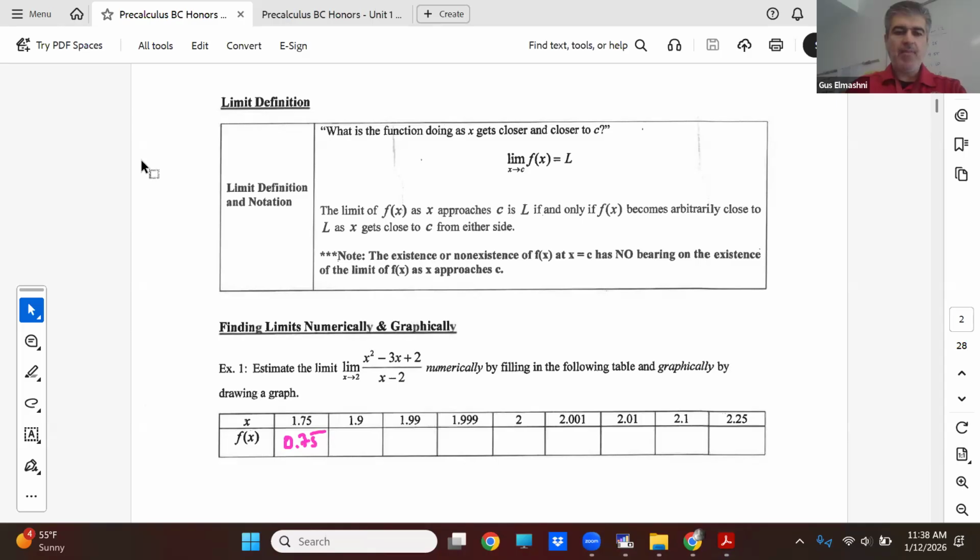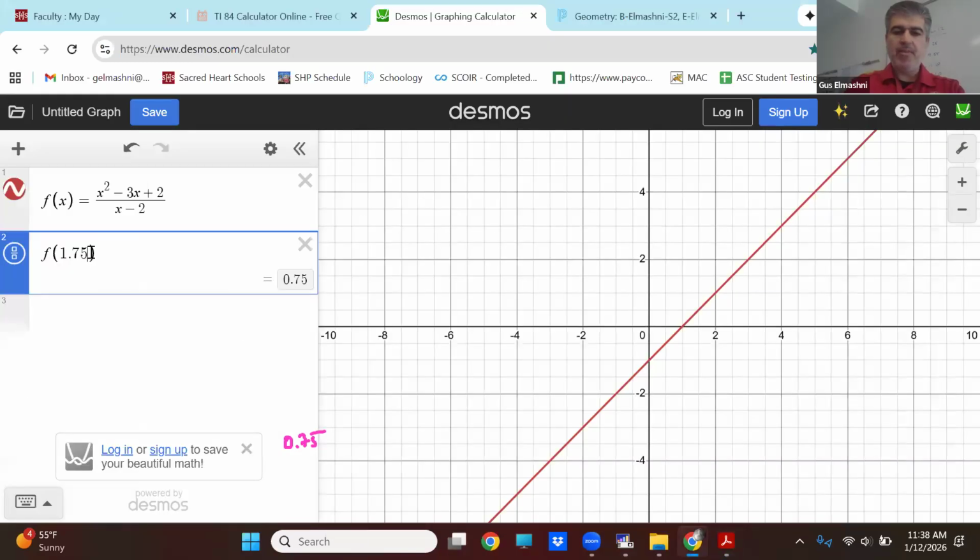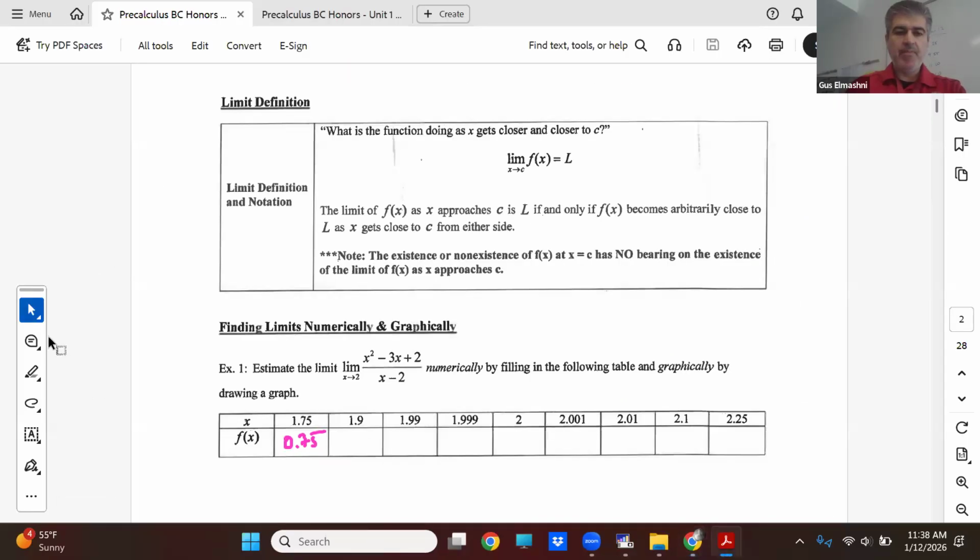If I go back and type in 1.9, I get 0.9. What are you gonna predict is gonna be the third one? And the fourth one? And to what Charlie was saying, yeah, we could factor it. If you're factoring, those terms go away.